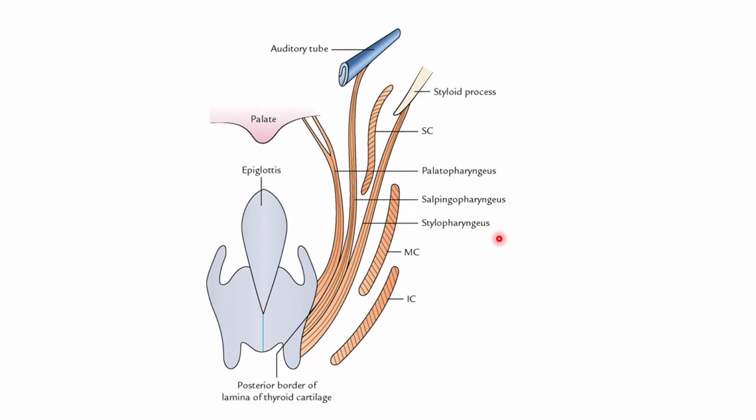So the three longitudinal or internal group of muscles are arranged longitudinally along the wall of the pharynx, and all these three muscles share a common insertion along the free posterior border of the lamina of the thyroid cartilage. So the insertion of all these three muscles is common, as a common aponeurosis along the posterior border of the lamina of the thyroid cartilage.